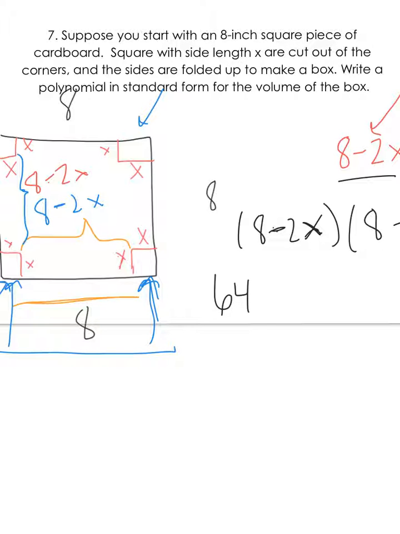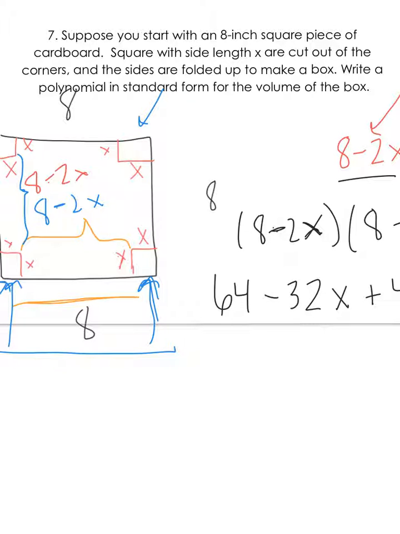For my middle term, I'm going to take 8 times my last term, negative 2x, times negative 2, and get negative 32x, not x squared. So I need to erase that. Here we go. Not x squared.